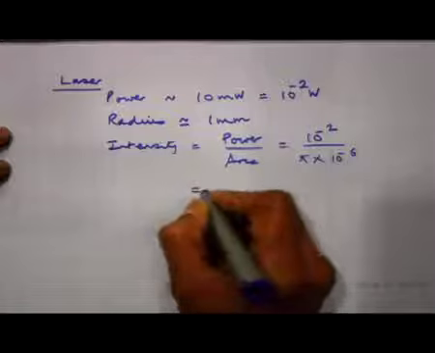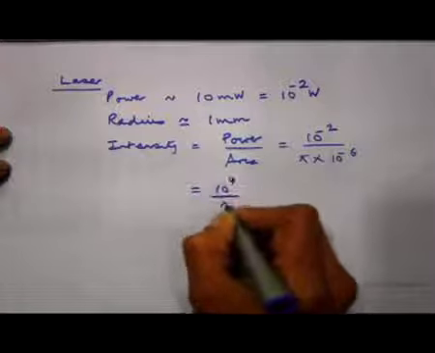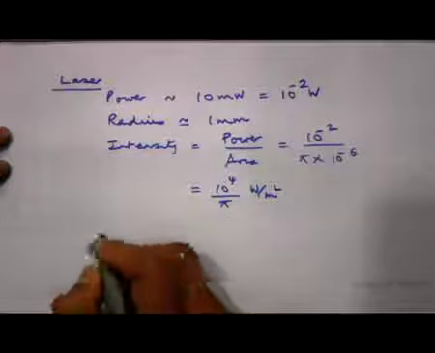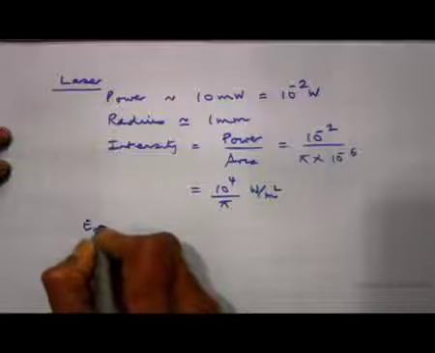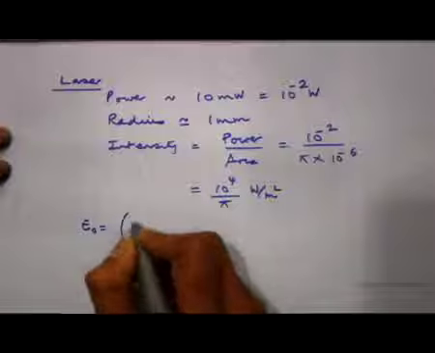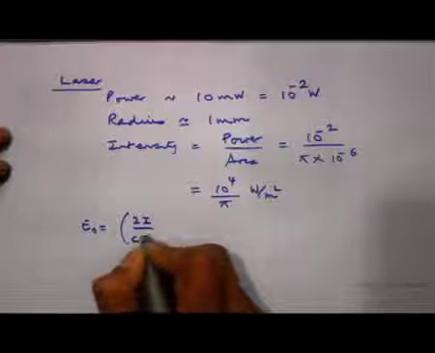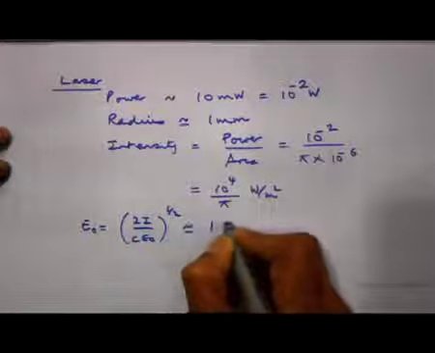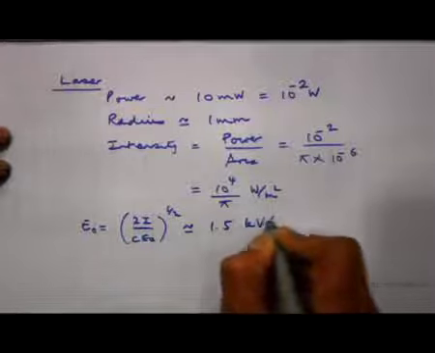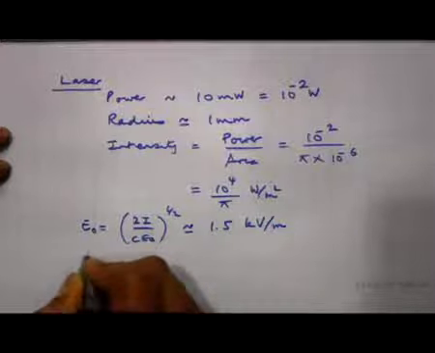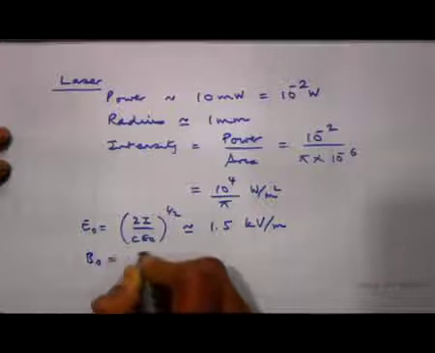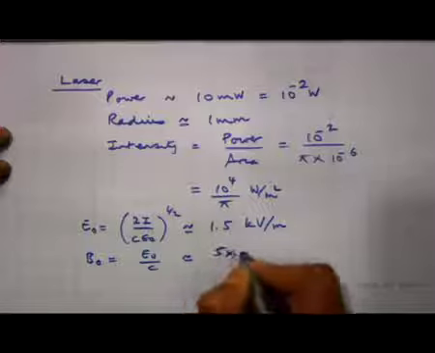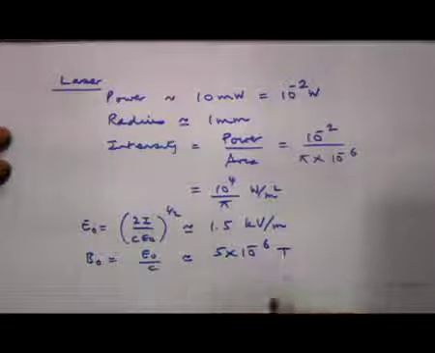So, that is equal to 10^4 by π watts per square meter, and I can immediately calculate E0, which is (2I/cε0)^(1/2). That comes out to be 1.5 kilovolts per meter, and the corresponding magnetic field is E0 by c, that comes out to be 5 × 10^-6 Tesla.